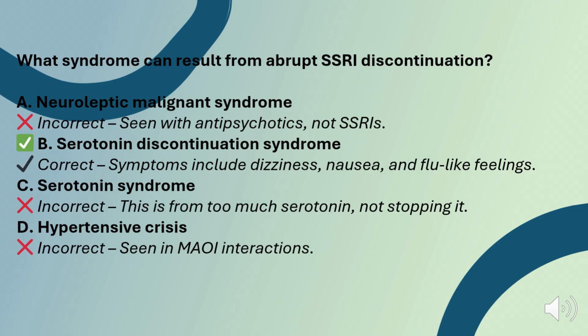It's not serotonin syndrome where you have too much serotonin. It's not a hypertensive crisis like you would see with an MAOI. And it's not neuroleptic malignant syndrome like you would see with an antipsychotic. So it's real important when you're talking about SSRIs and discontinuation to remember to teach your patients to not stop SSRIs cold turkey. Always taper them slowly.